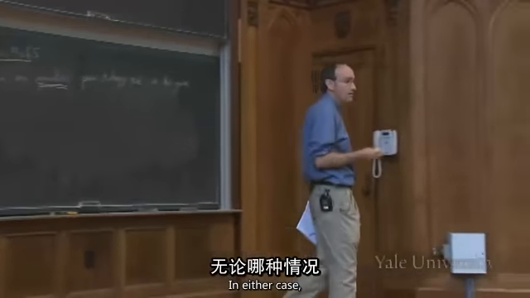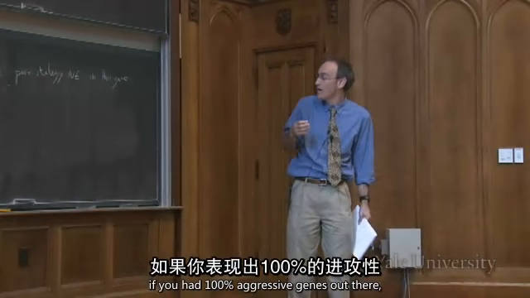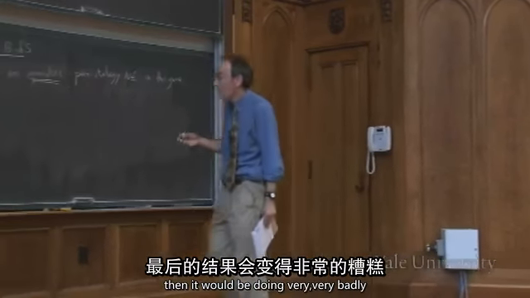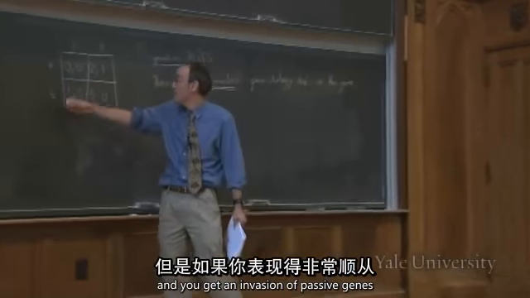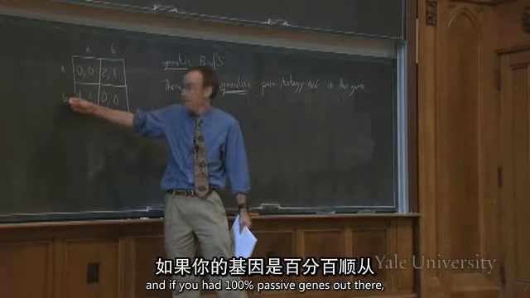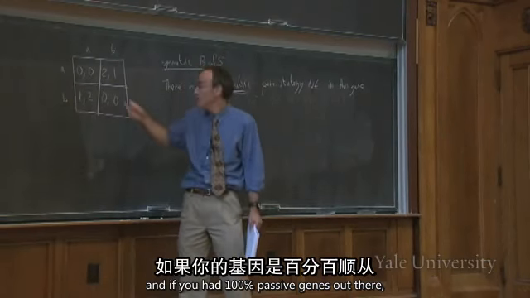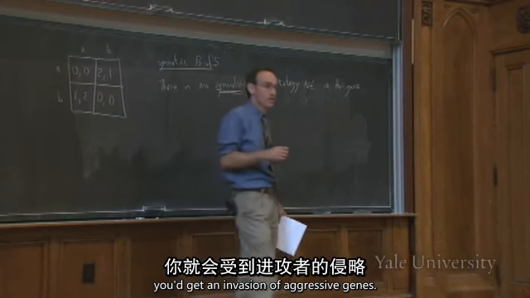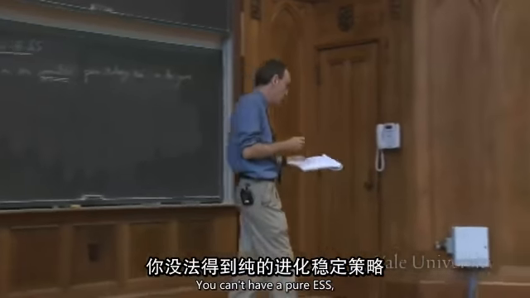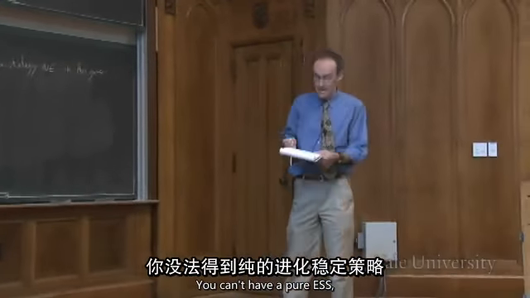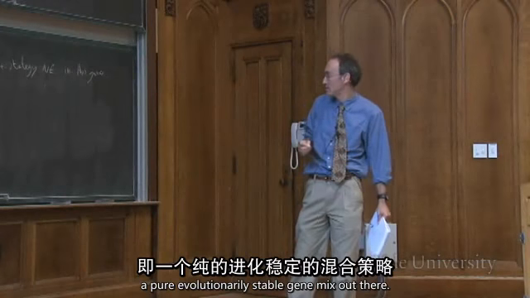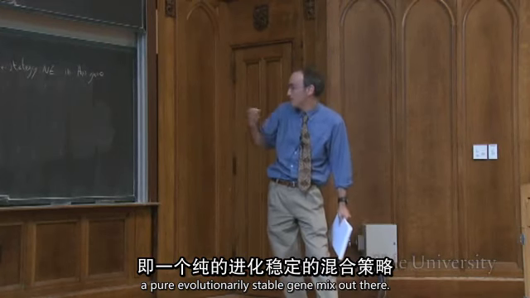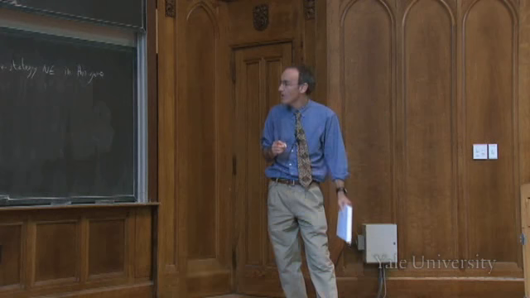In either case, if you had 100% aggressive genes out there, then it would be doing very, very badly, and you get an invasion of passive genes. And if you had 100% passive genes out there, you get an invasion of aggressive genes. Right? You can't have a pure ESS, a pure evolutionary stable gene mix out there. All right.